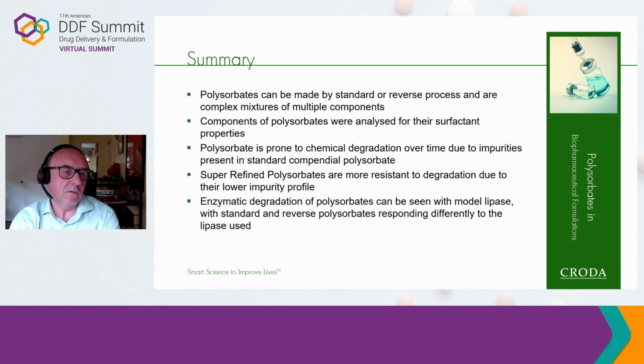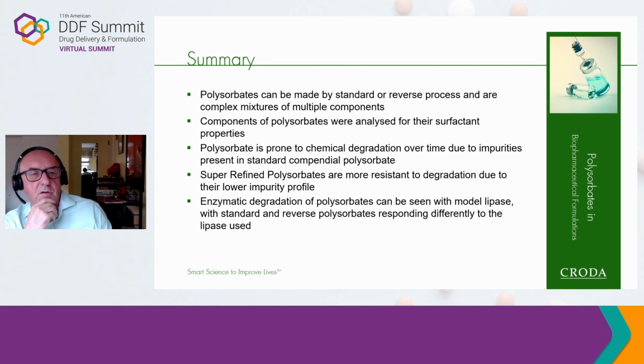It's worth noting that super refined polysorbates are more resistant to degradation due to their lower impurity profile, and we've backed this up with some enzymatic degradation of polysorbates, as seen with a model lipase study, looking at standard and reverse processed polysorbates responding differently to the different types of lipases used.